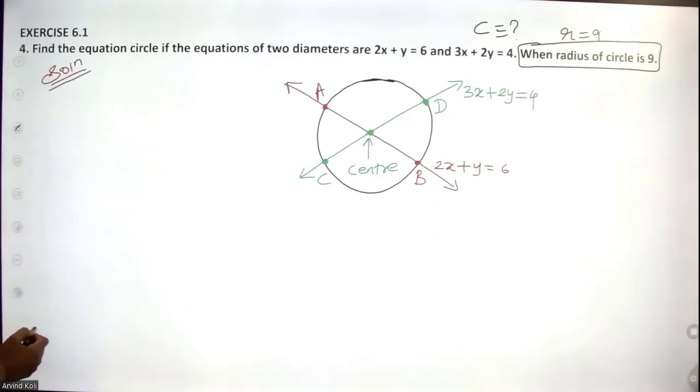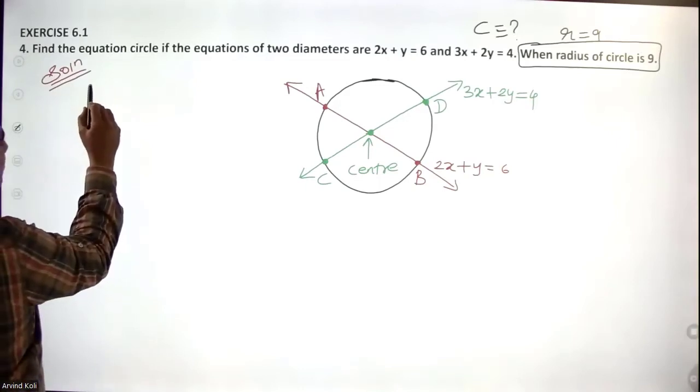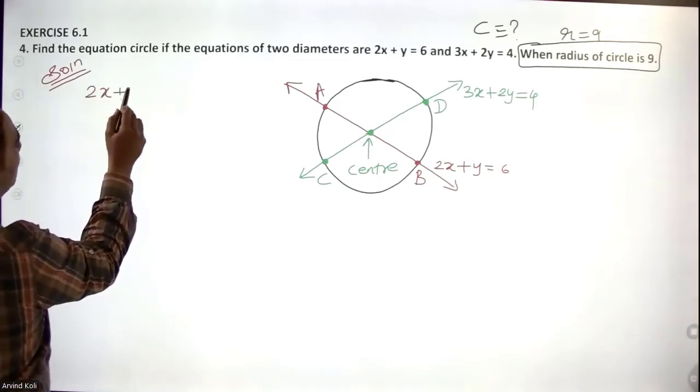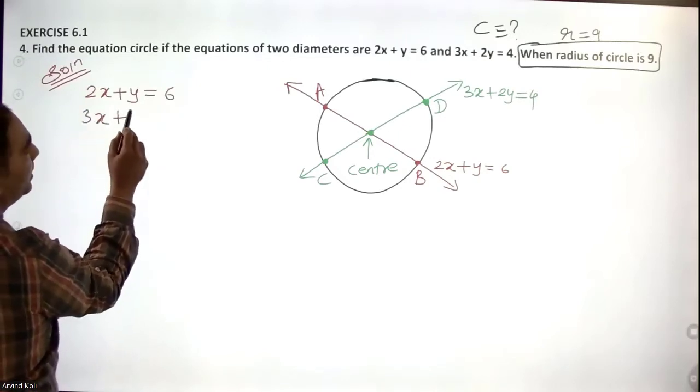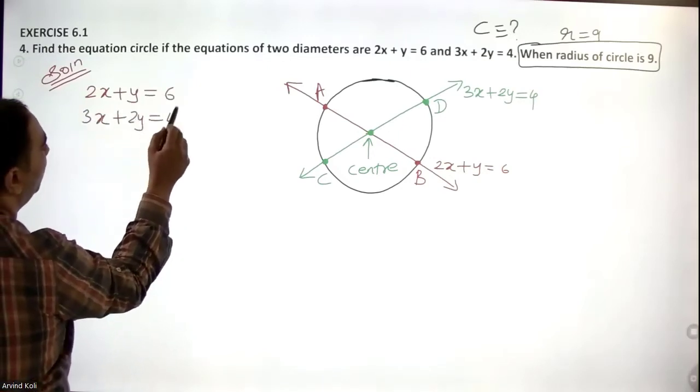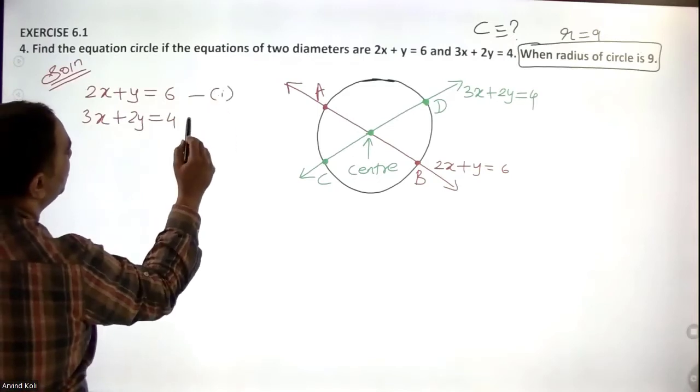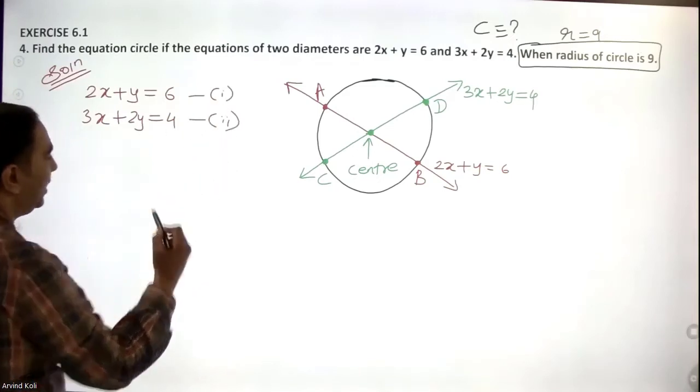So we are going to solve these two equations simultaneously. Let me write the first one once again. 2x plus y is equal to 6. 3x plus 2y is equal to 4. This is your first equation. This is your second equation.